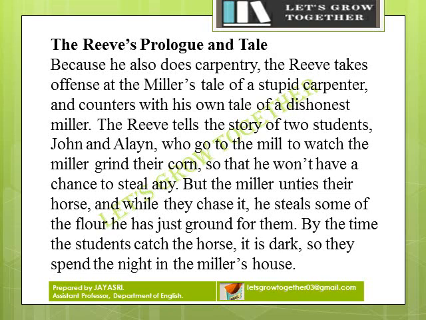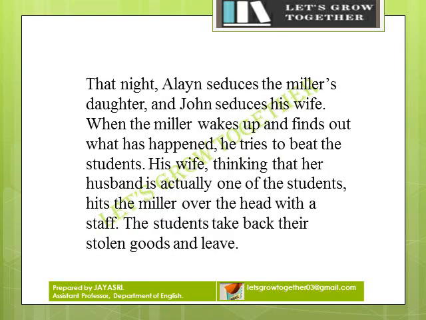But the miller unties their horse, and while they chase it, he steals some of the flour he has just ground for them. By the time the students catch the horse, it is dark, so they spend the night in the miller's house. That night, Alain seduces the miller's daughter, and John seduces his wife.